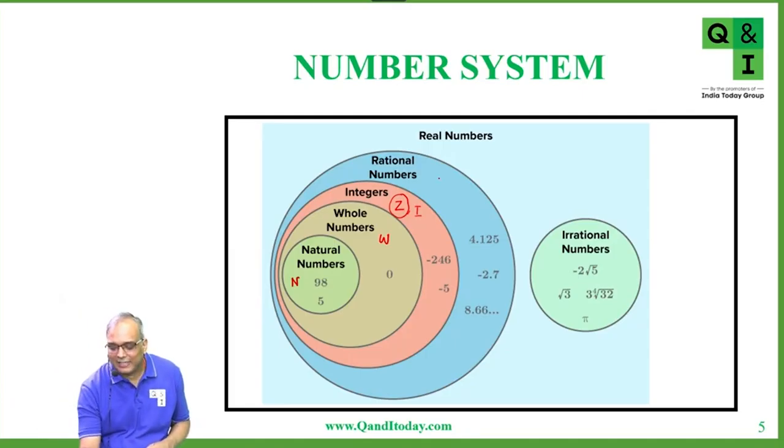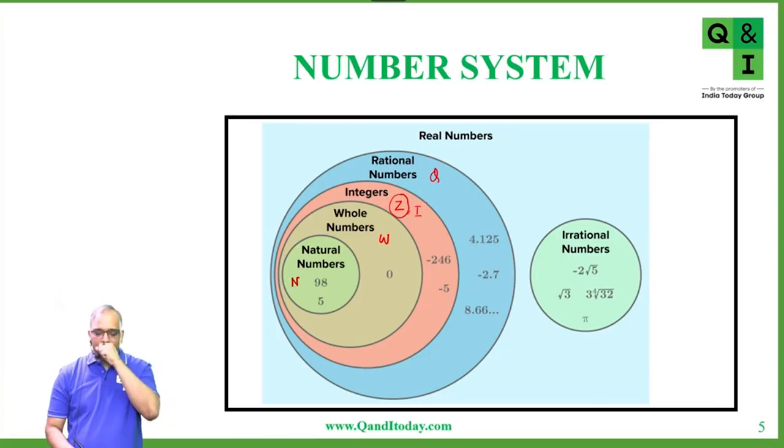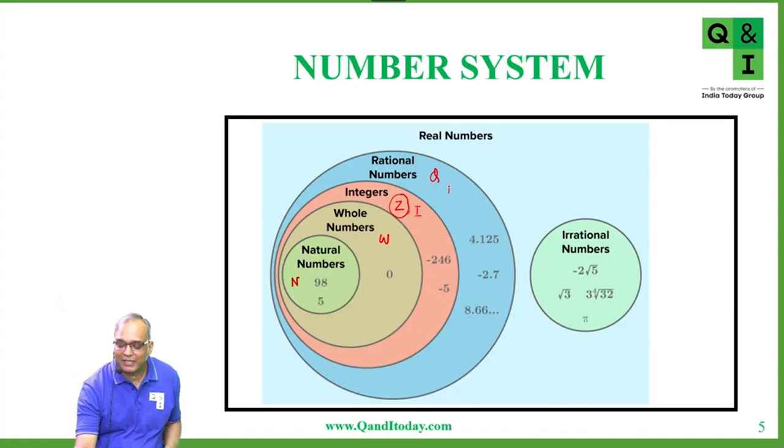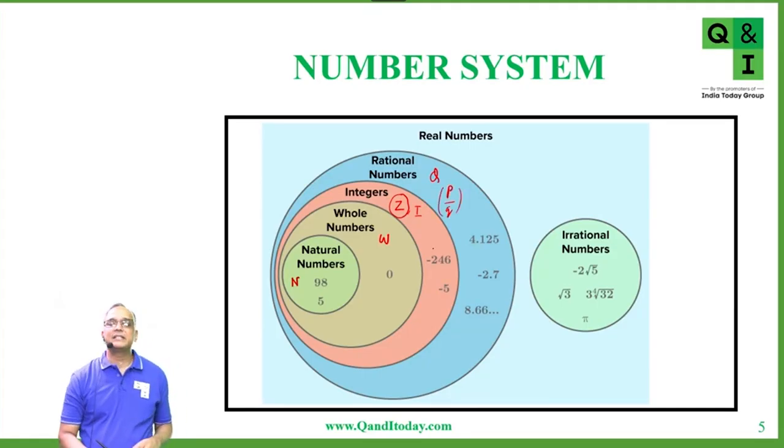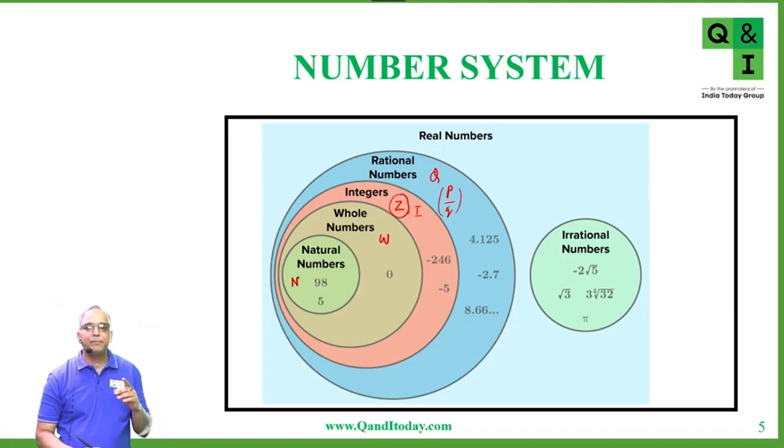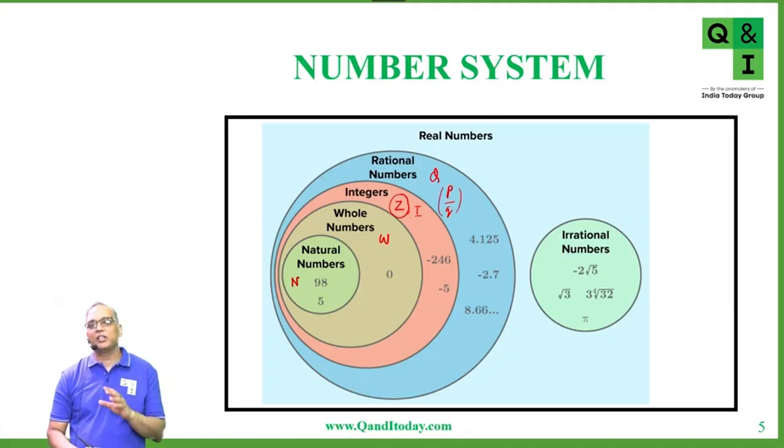Now rational numbers are denoted by capital Q. What are rational numbers? Rational numbers are all numbers which can be represented in the form p by q, where p and q are integers and q is not equal to 0.